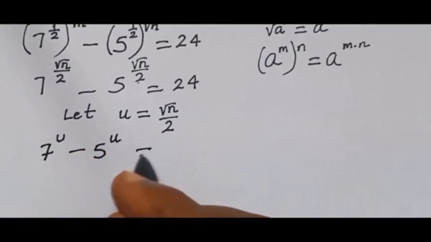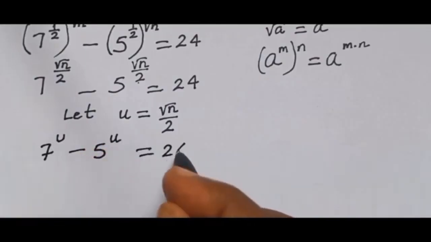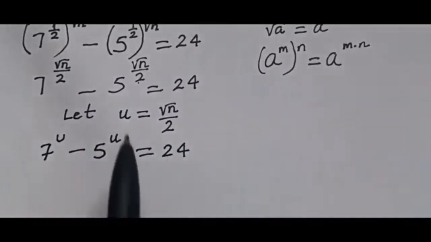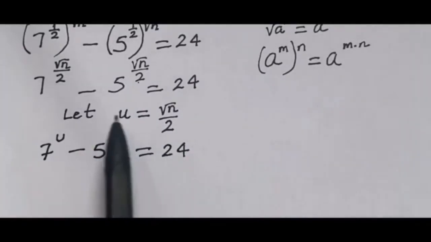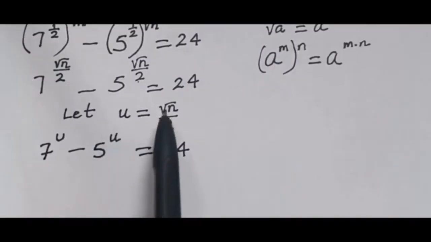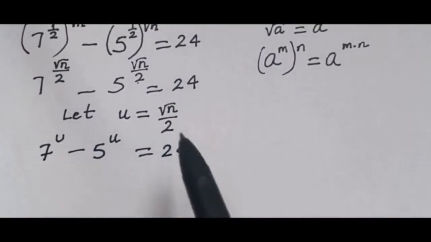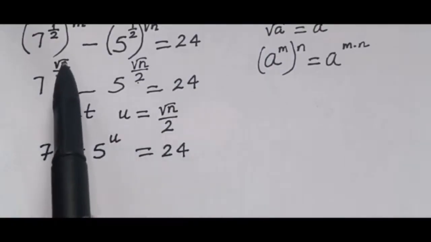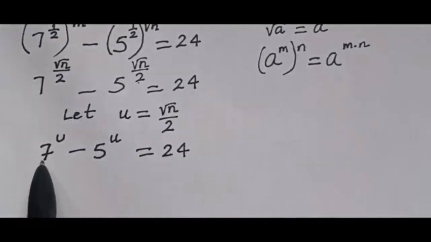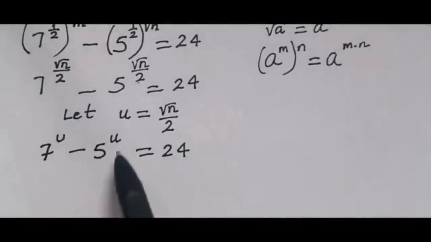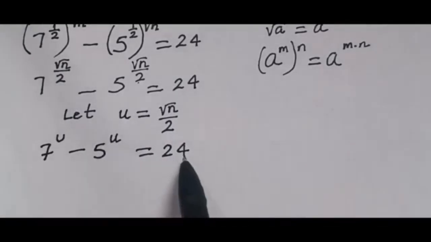This is equal to 24. As I've said, let u equal radical n over 2. So we substitute u for radical n over 2. That's why here we have 7 raised to power u minus 5 raised to power u equals 24.